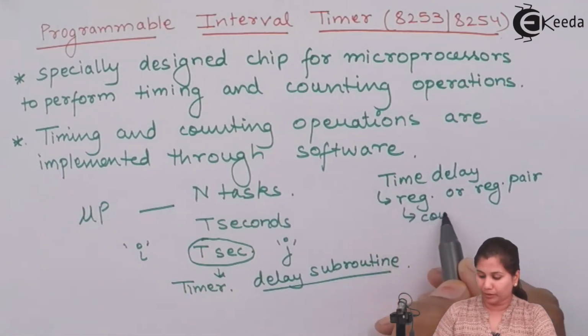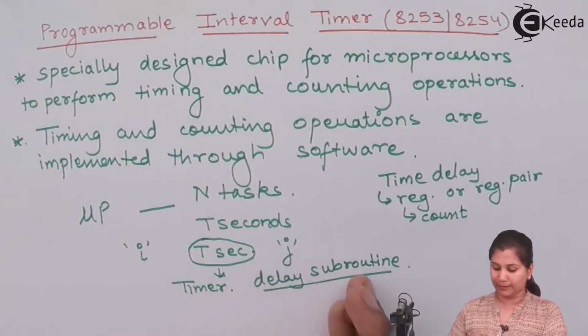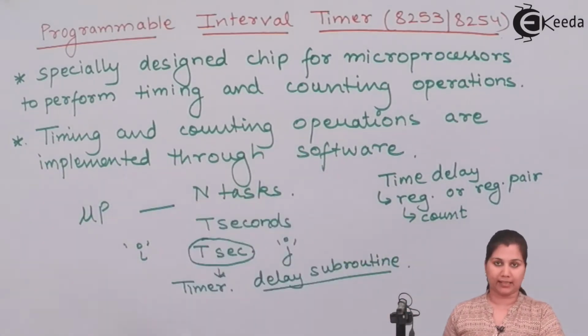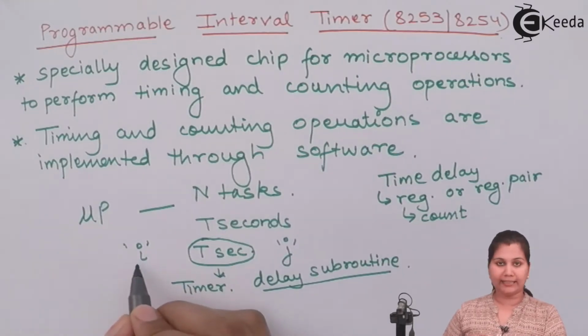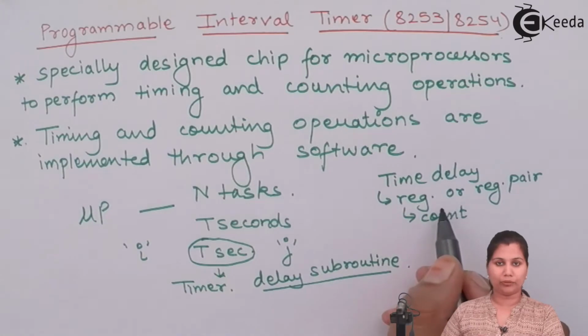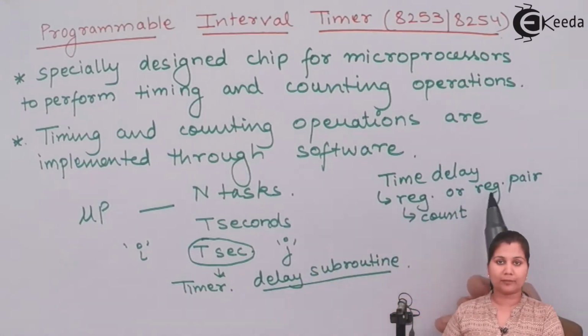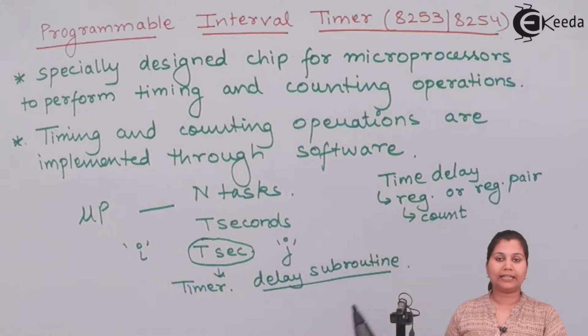Each time the microprocessor completes a task, after the first task i, it will call that subroutine. It will initialize the register or register pair by the count, then it will decrement the count until it becomes 0.